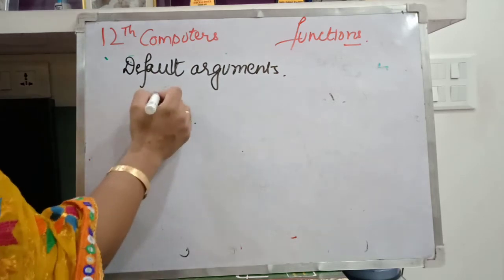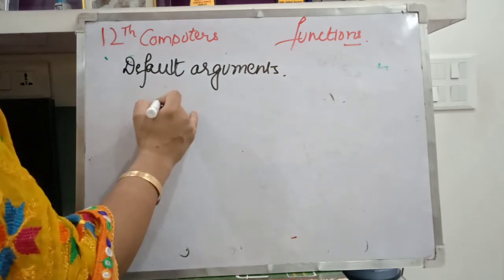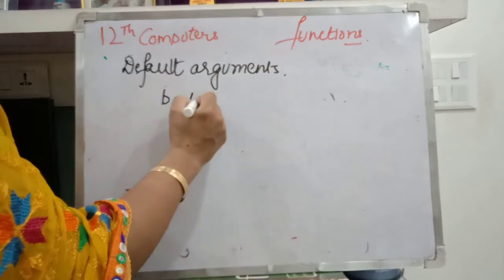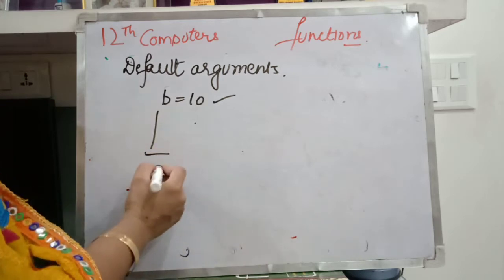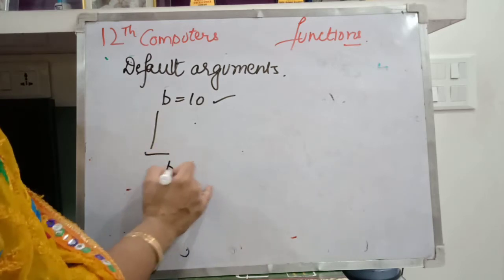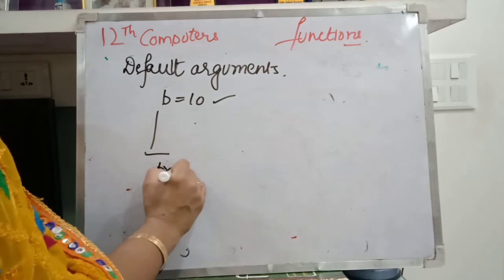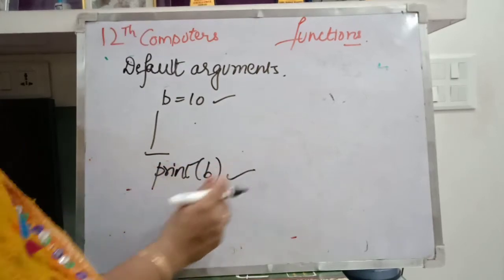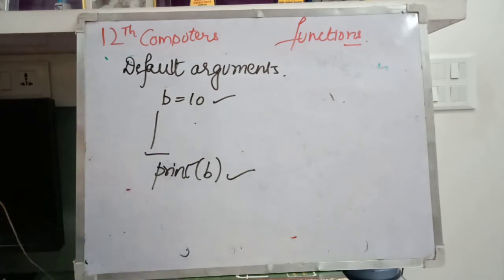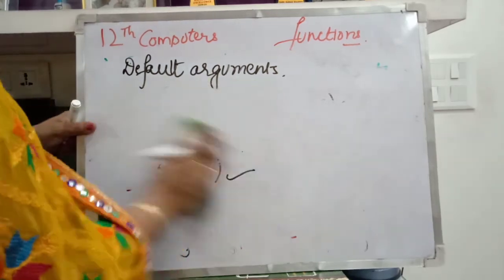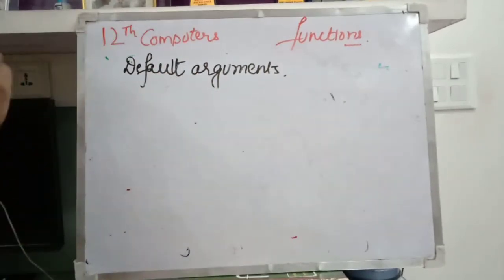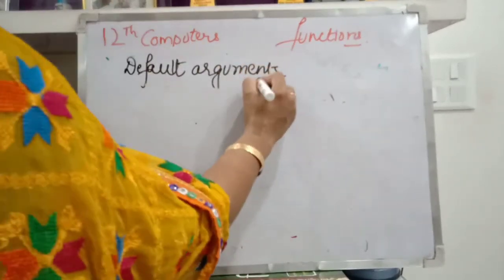Default here means, for example, in the beginning I have said that b is equal to 10, but later in the program I have not mentioned the value of b. I have simply mentioned print b. So by default the interpreter will treat the value of b as 10. So default is the value which is specified in the function header. Remember this: default arguments are always defined in the function header.